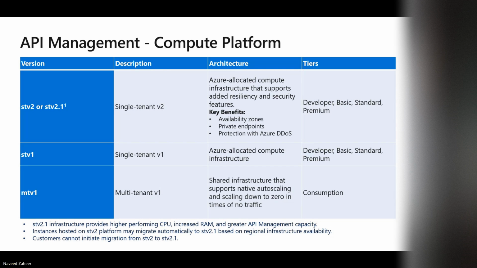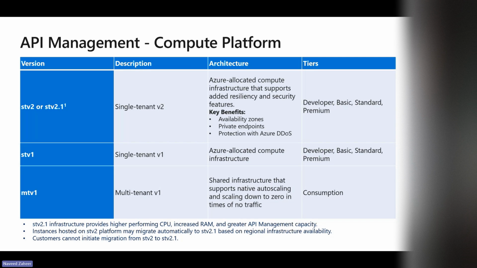What are some of the things that come as a part of the STV2 platform? These are advanced networking like private connectivity, availability zone feature, protection with Azure DDoS, so enhanced features, and it is available as a part of developer, basic, standard and premium platforms.